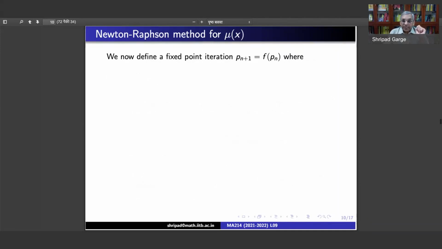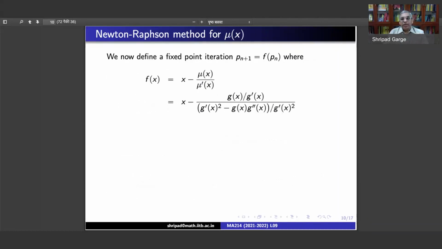So this fixed point iteration, we are defining a new one. It will be given by f(x) equal to x minus mu upon mu', where our mu is already g upon g'. So it will be x minus g upon g', and we have to compute the derivative of g upon g'. You know the derivative of numerator upon denominator is the numerator derivative into denominator minus numerator into denominator derivative, and then the whole thing is divided by the denominator square.